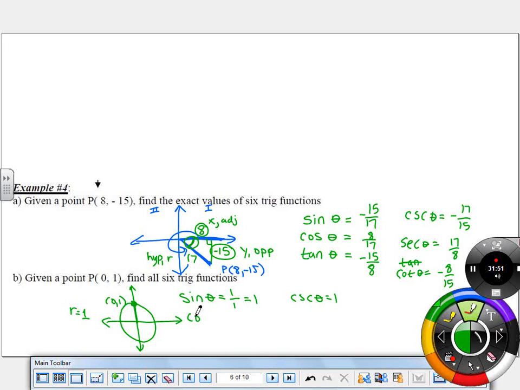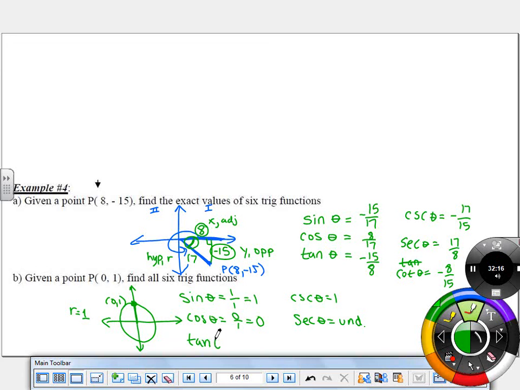The cosine is going to be the x coordinate over the radius, or 0 over 1, which is 0. The reciprocal of that, or the secant, what happens if you take 0 over 1 and flip it over? What's that? Yeah, it's not possible, so we just say undefined.